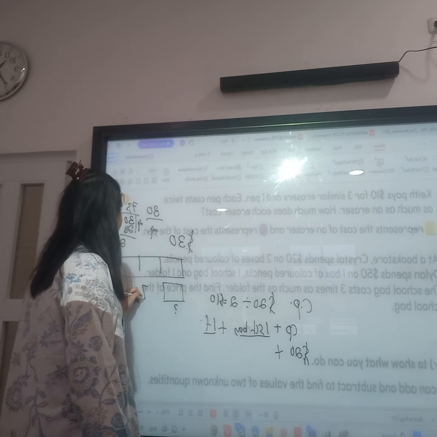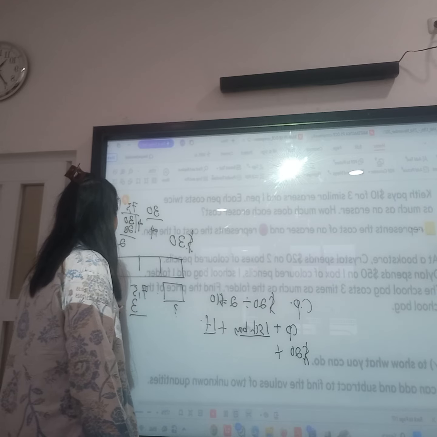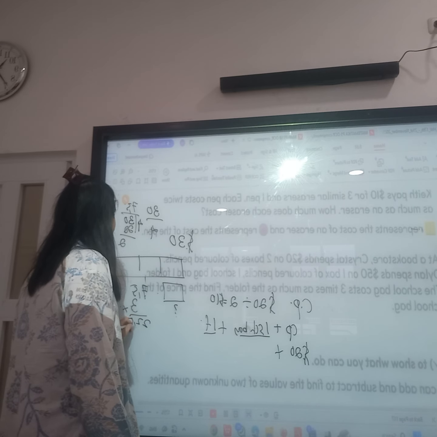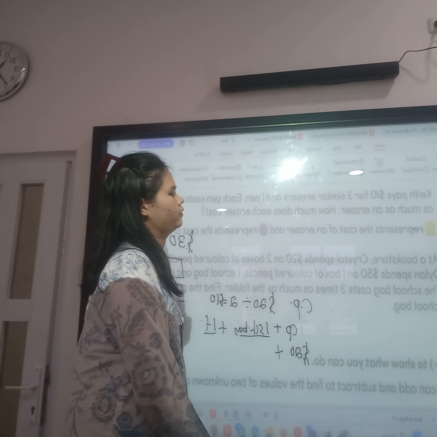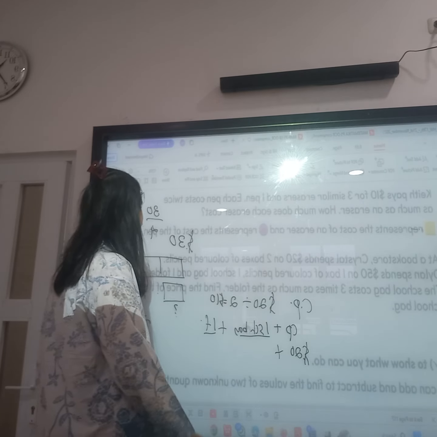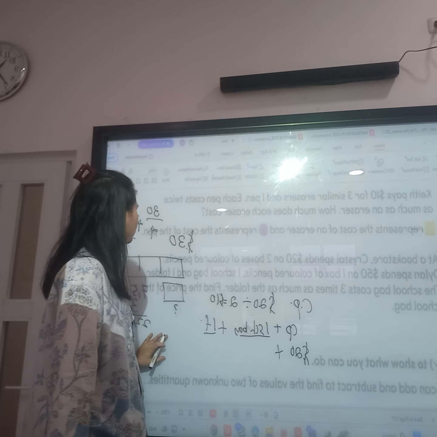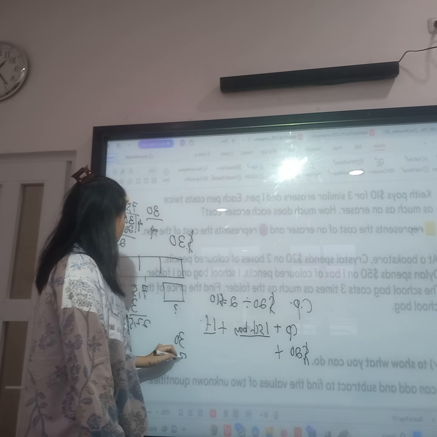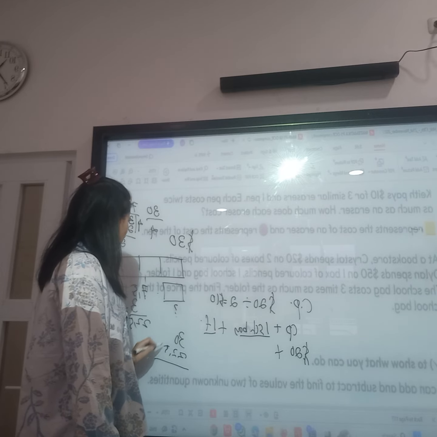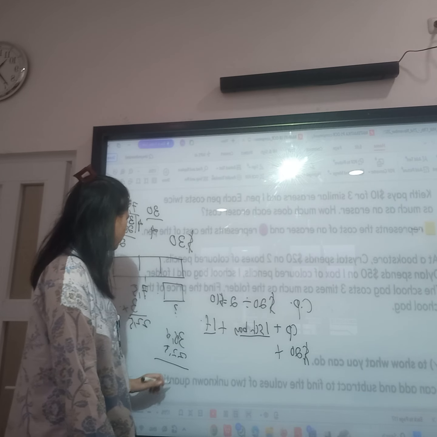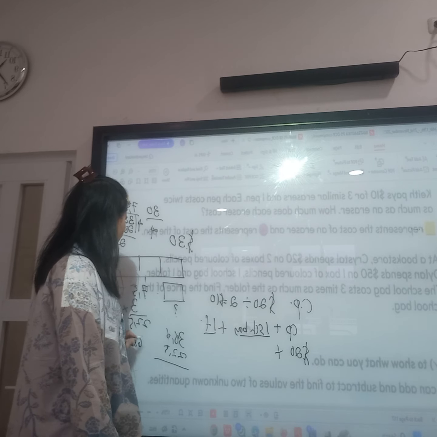So 7.5 times 3 is 22.5. So the school bag will be 22.5 and the folder will be 7.5, you mean? Yeah. No, there is a mistake here.